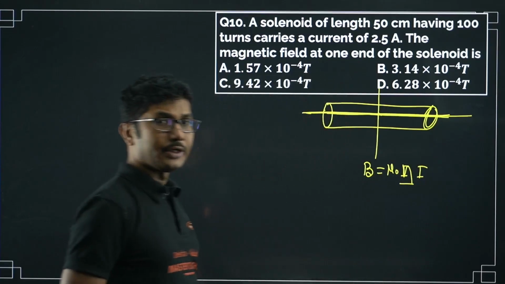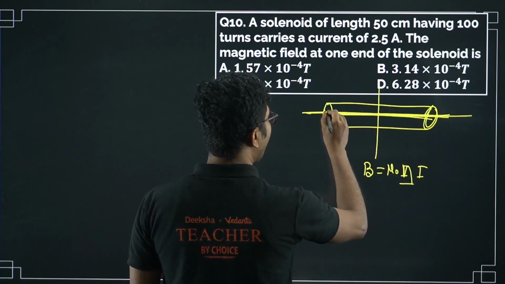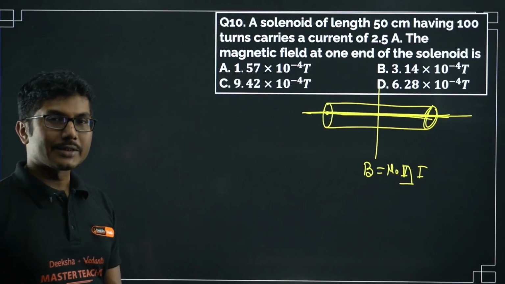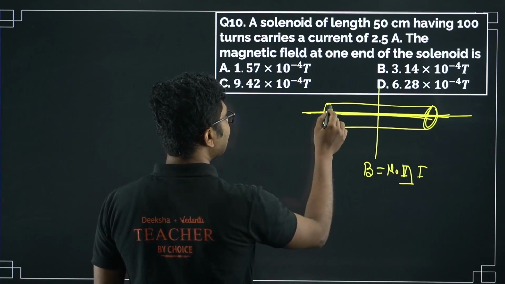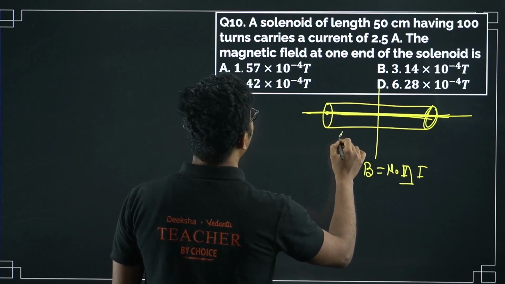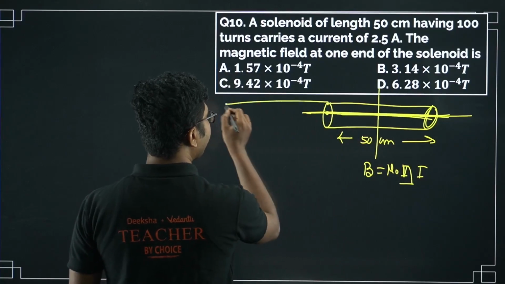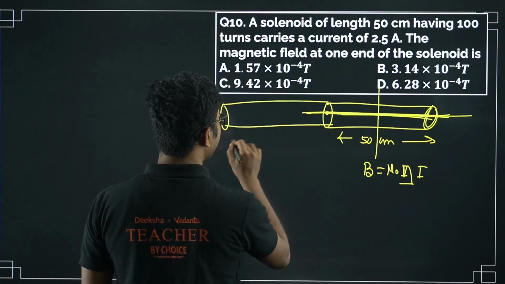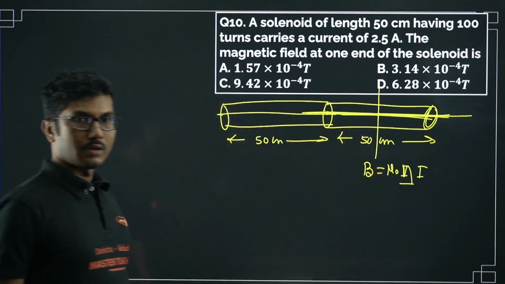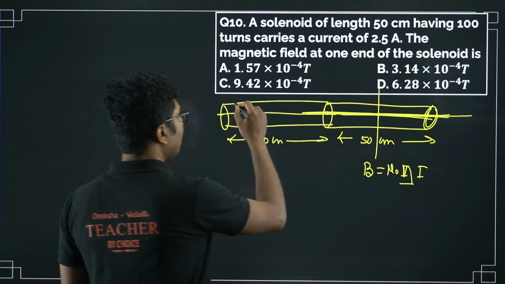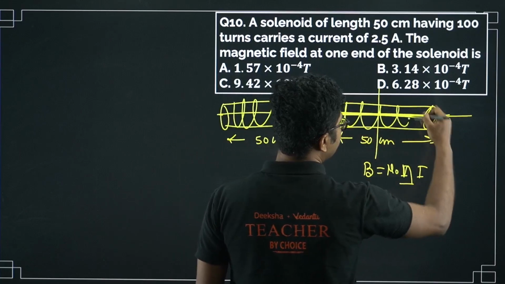N is number of turns per unit length. Now they asked you not to find it at the center but on the one end. How to do that? We can consider that, suppose this is the length 50 centimeter. We can consider another solenoid which is also of the same length 50 centimeter on this side, having the same number of turns.